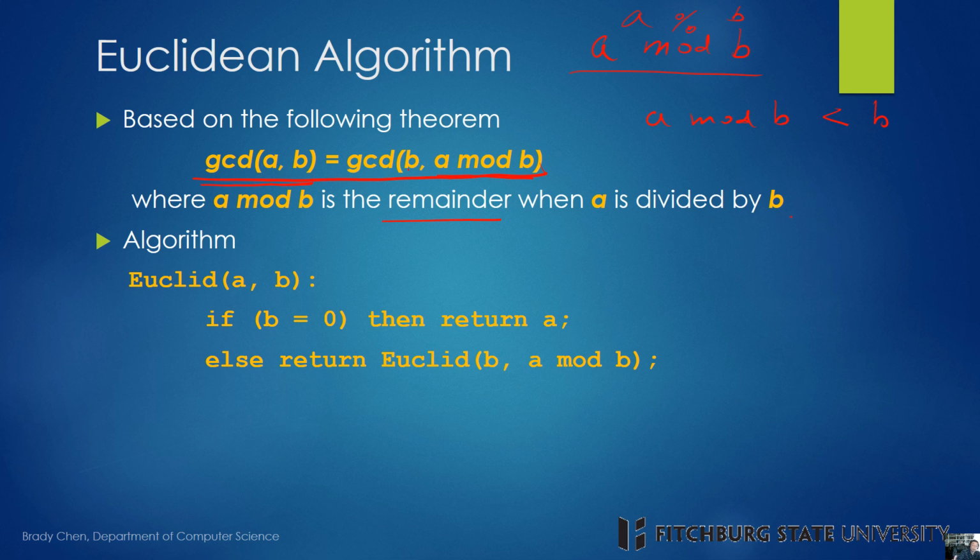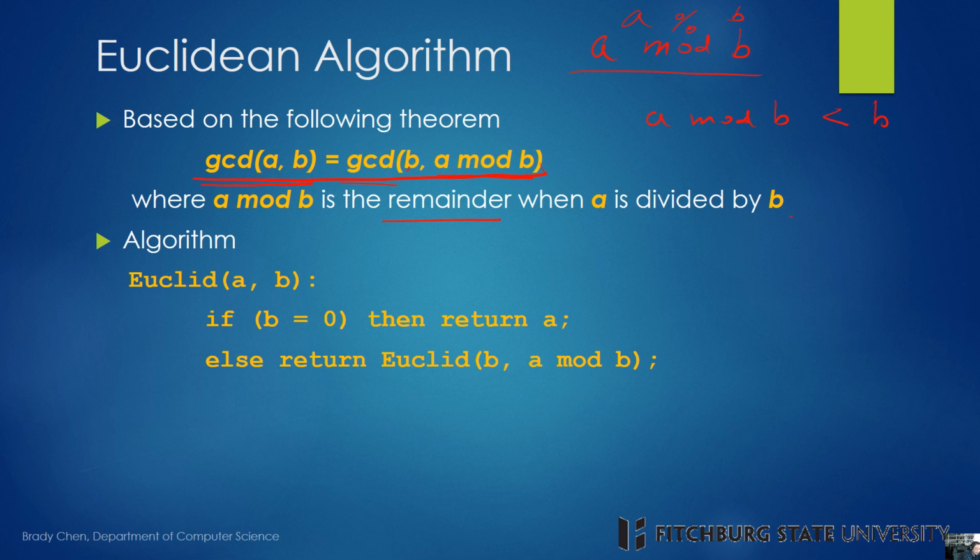Because A is divided by B, the remainder should be smaller than B. If it's bigger than B, we can cut another chunk of fragment B. So now, when you calculate the greatest common divisor of A and B, you can actually calculate the greatest common divisor of B and A modulo B. That means, if A and B are two numbers, then B and A modulo B are also two numbers, but they are smaller than A and B.